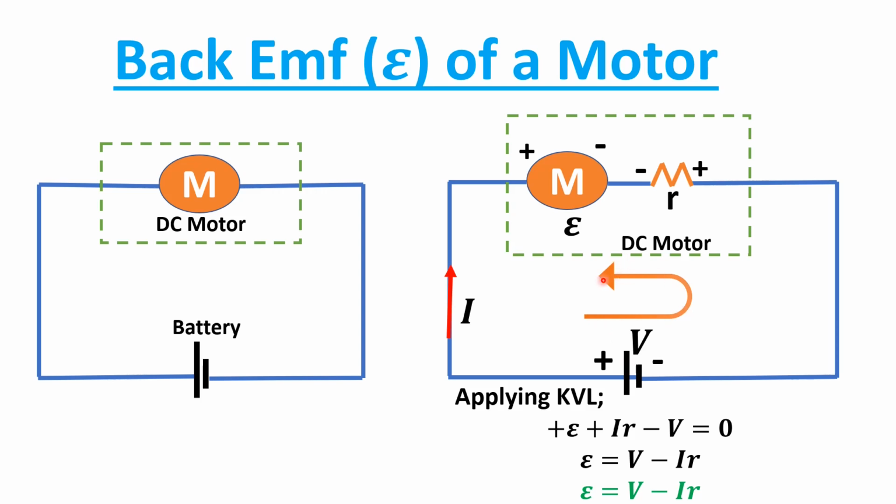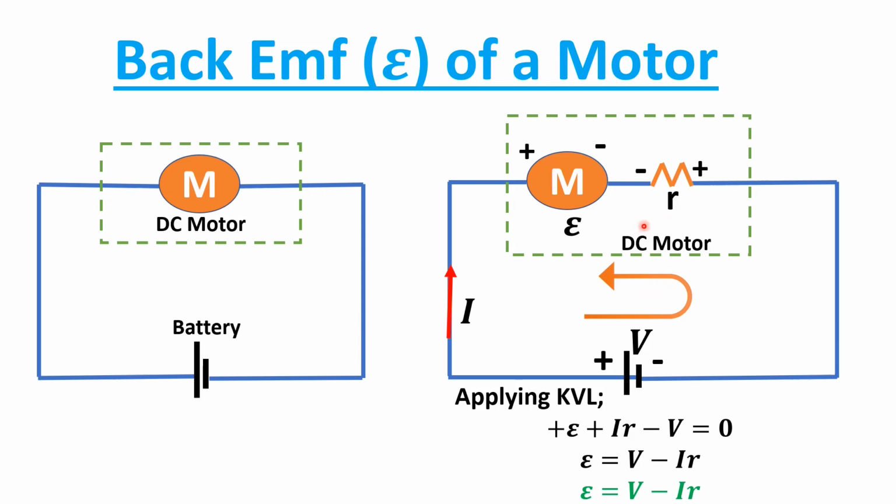If your loop is in the anti-clockwise direction as such, and your current flows in this direction, then we notice that as this current flows through this internal resistance, it flows in the opposite direction to our loop.